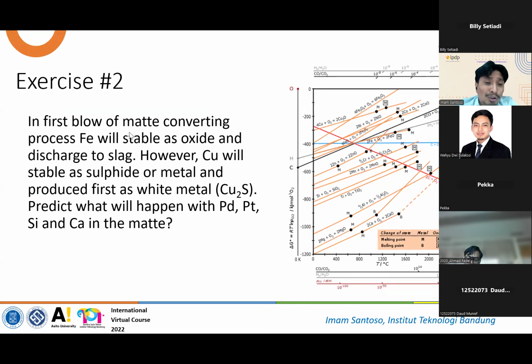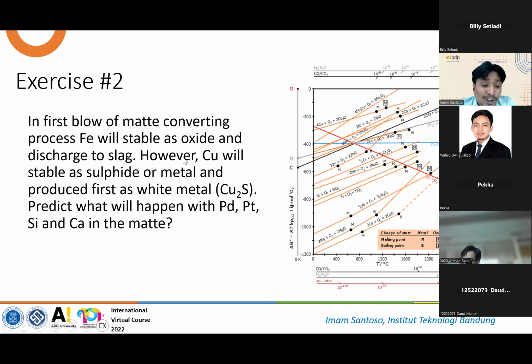In the first blow of the converting process, Fe or iron is stable as oxide, and therefore, because iron is stable as oxide, it will go to the slag.